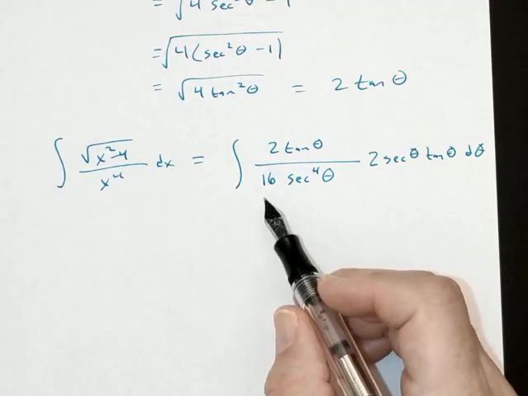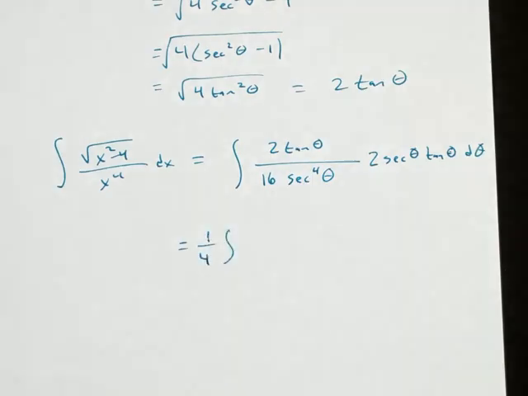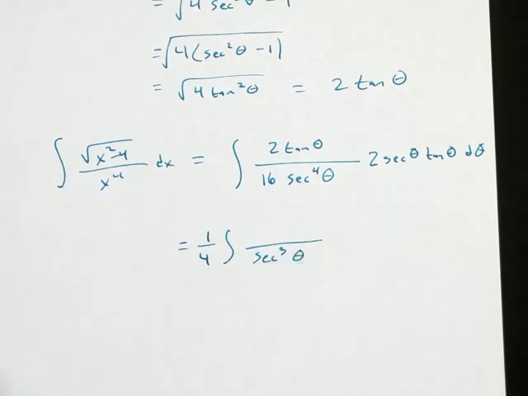Canceling gives me a 4 on the bottom. I'm going to write that 1/4 out front. I have 4 secants on the bottom. I have 1 secant on the far right on the top. Canceling that gives me 3 secants on the bottom. And I have 2 tangents.